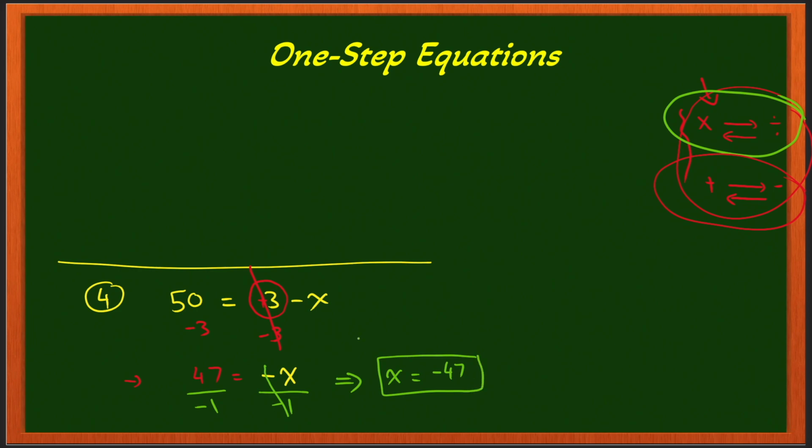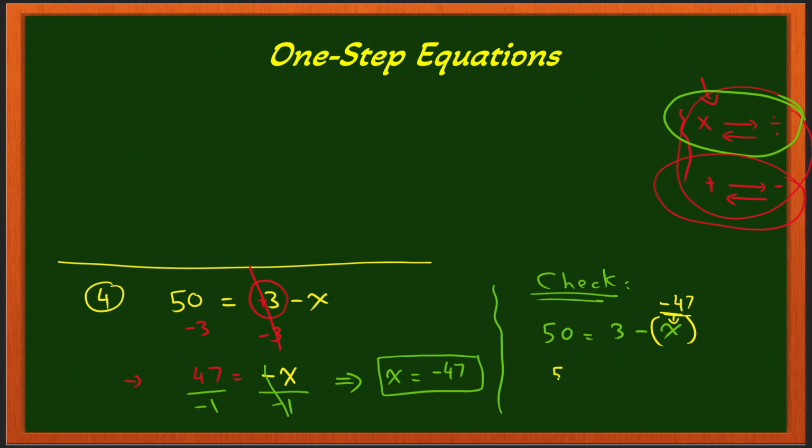Check your answer. Oh, this is a tricky one to check. Let's go ahead and try to check this answer. 50 equals 3 minus x. We decided that x is going to be equal to negative 47. When we substitute, we're going to make sure that this negative number is going to be in between parentheses.